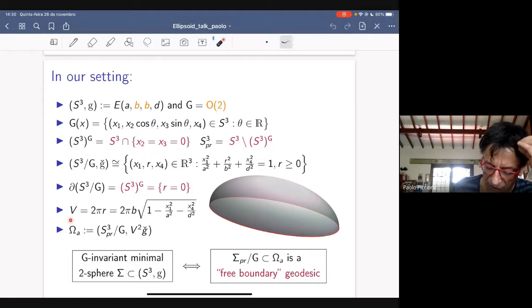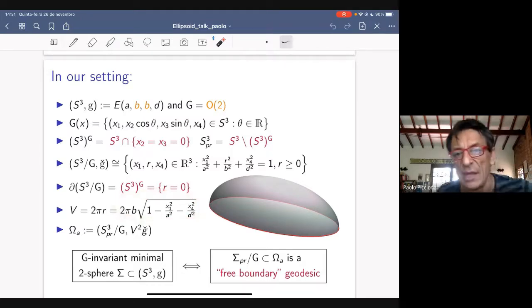The volume function is simply the length of a circle which has radius given by b times this number. And so the quotient of S3 with the group G is identified with this upper part of the ellipsoid in R3 with metric given by this function times the ellipsoid metric. Okay.